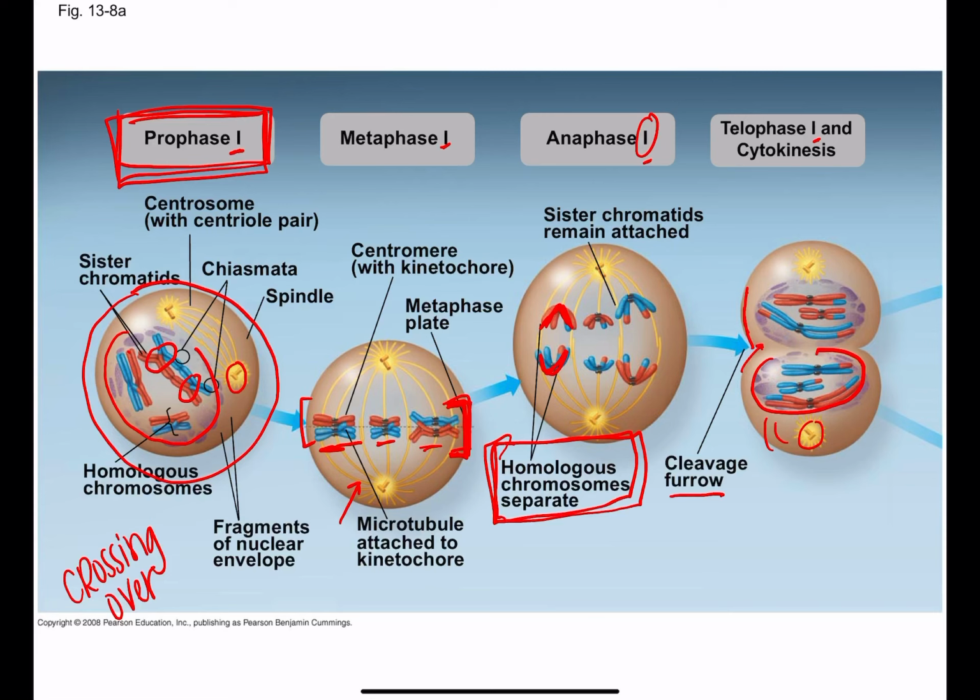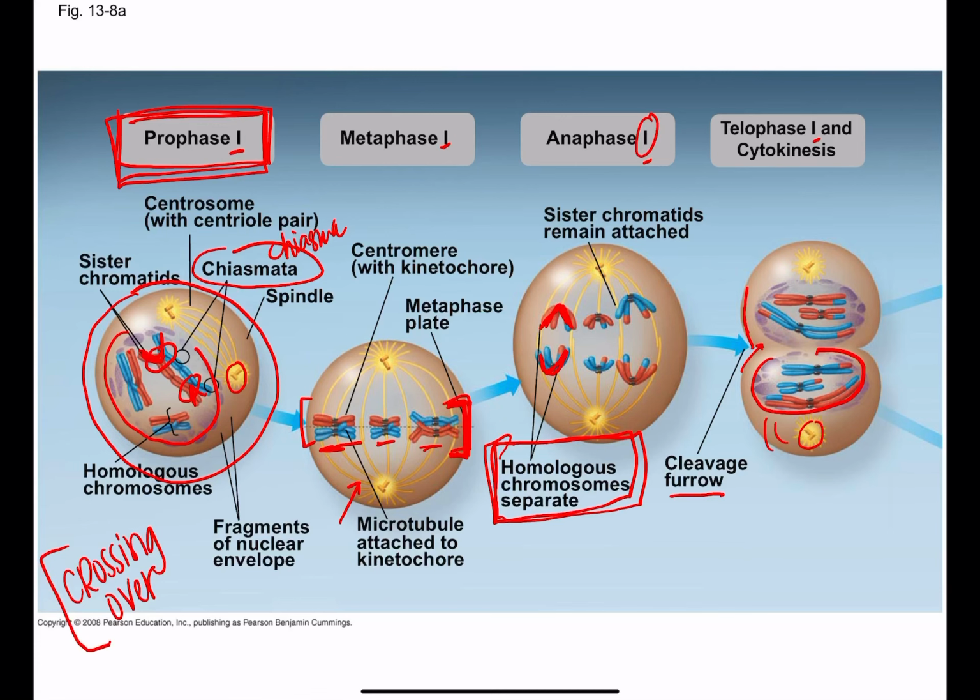This shape that they form, where they kind of form like an X that you see here on the ends, is called a chiasmata. That's singular. Chiasma would be the plural form if you see it written like that. But they synapse or come together, and they form a chiasma, and they do crossing over.